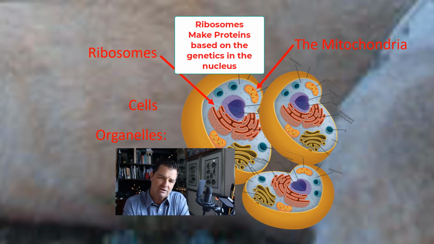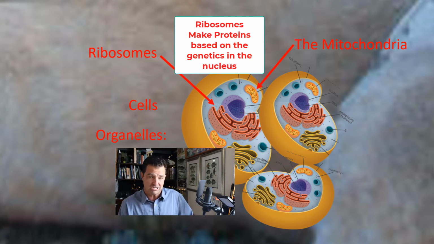But if you think about it this way, what's going to end up happening when I tell you the rest of this story is that we have information in the nucleus, and that's the genetic material that explains the code for what a cell can do. And then that code is actually information on how to build proteins.